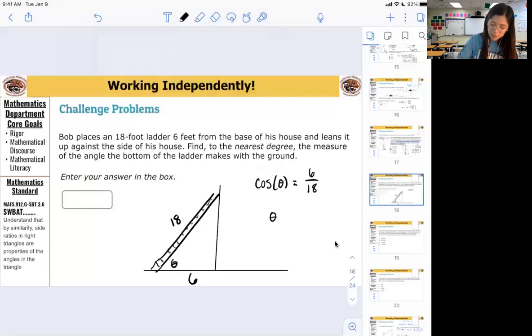So the inverse cosine of 6/18, we got 70.5. Is that what you got? Good.